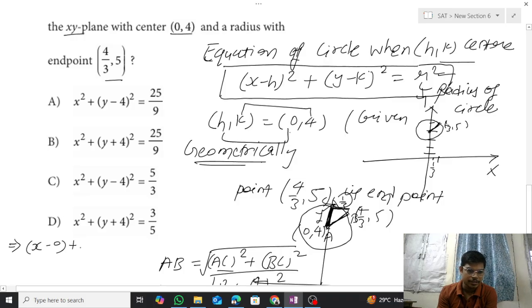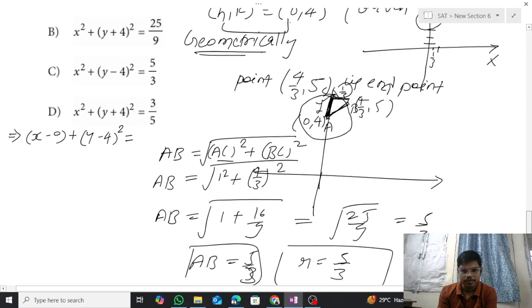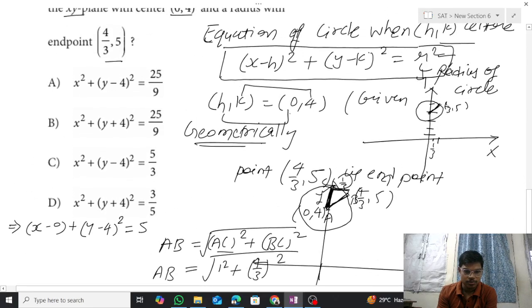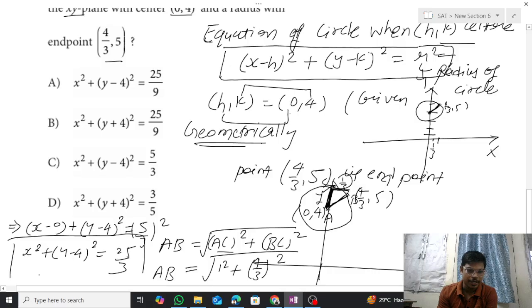So x minus 0 square plus y minus 4 square is equal to, so my radius is 5 by 3. So here 5 by 3 square. So finally x square plus y minus 4 square is equal to 25 by 9. This is final answer of the equation of circle.